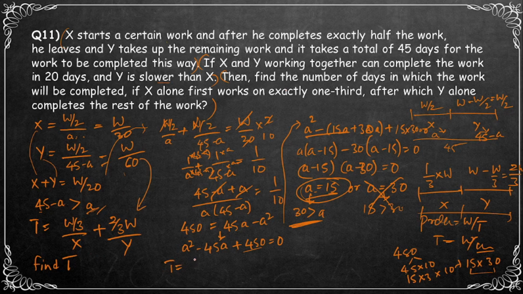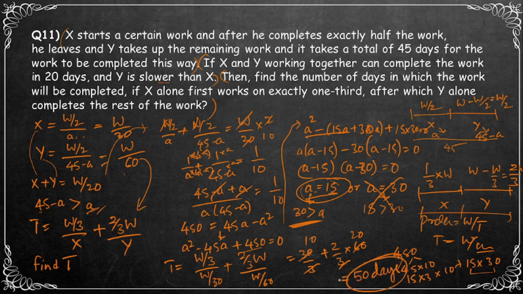So t is equal to (W by 3) divided by (W by 30) plus (2 by 3)W divided by (W by 60). So that is nothing but 30 by 3 plus 2 by 3 into 60. So that is 40 plus 10. So 50 days is the answer.